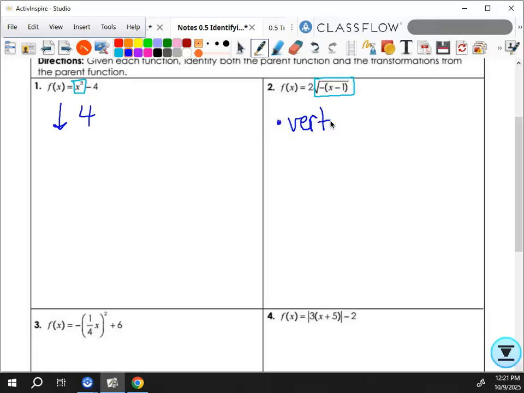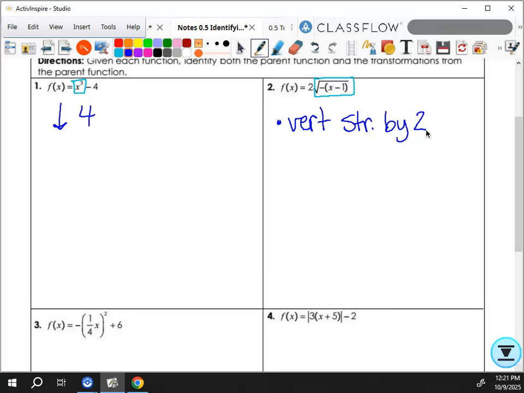It is a vertical dilation. That is correct. Is this a stretch or compression? Stretch. Vertical stretch by 2. Vertical dilation by 2 is probably okay too. Like I said, it kind of depends on what your teacher expects and which textbook you're using. Just know that they're the same thing, okay?